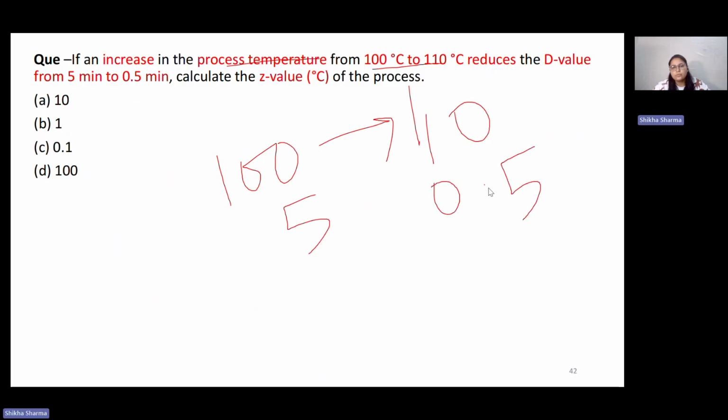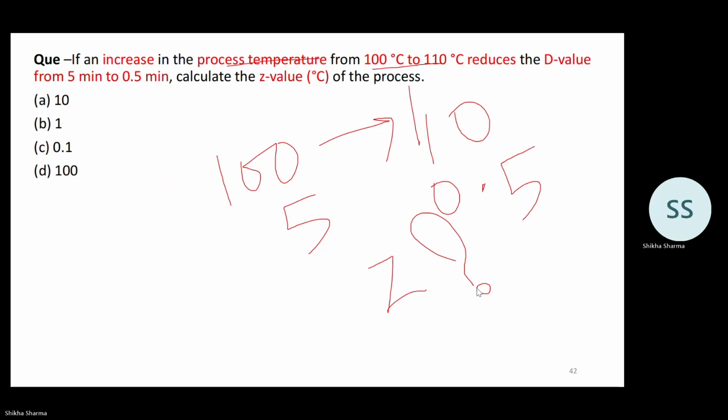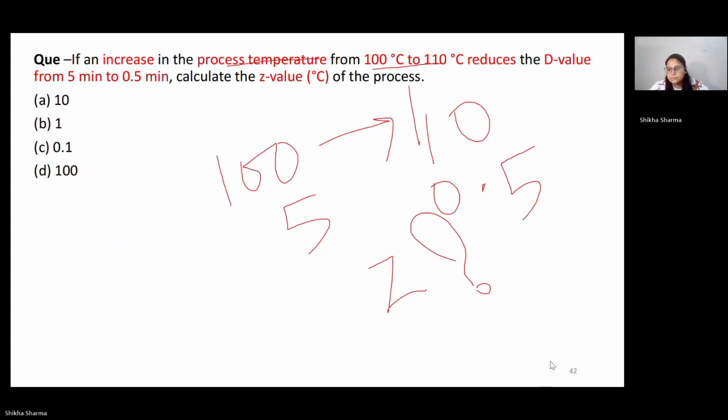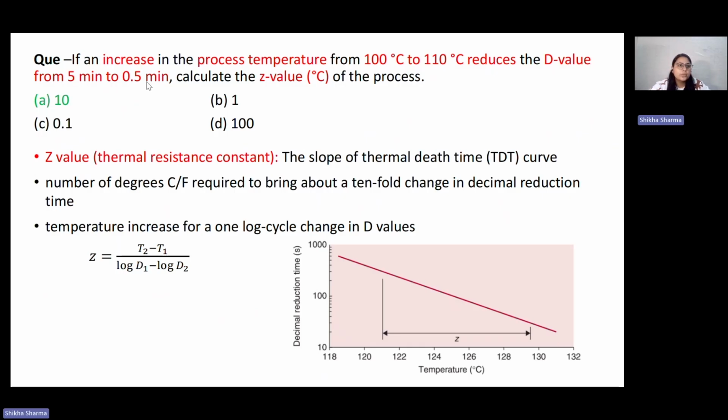We need to calculate the Z value now. If there is an increase in process temperature, the D value will come down, and we need to calculate the Z value.